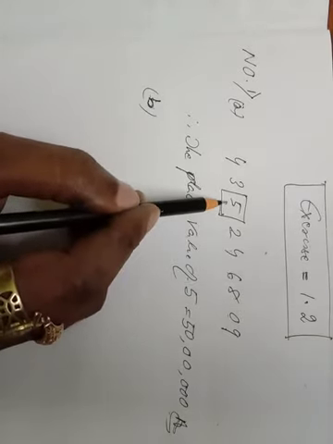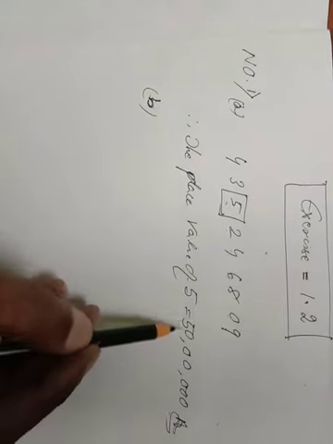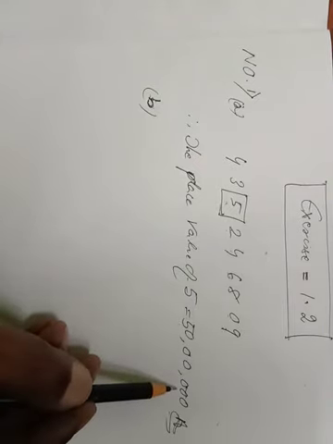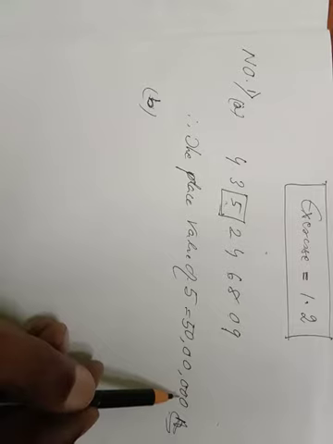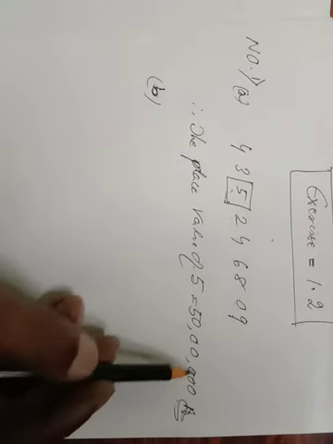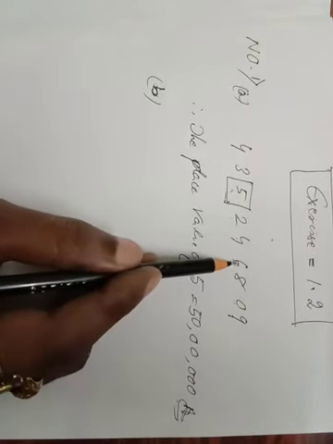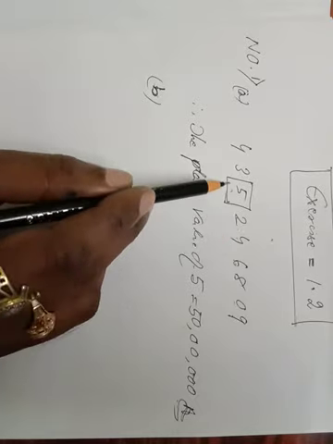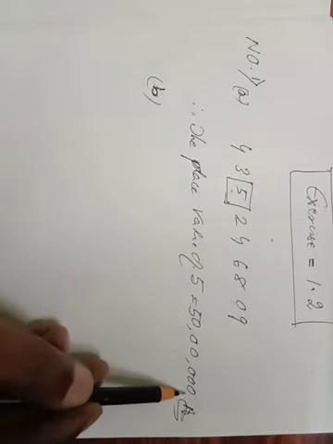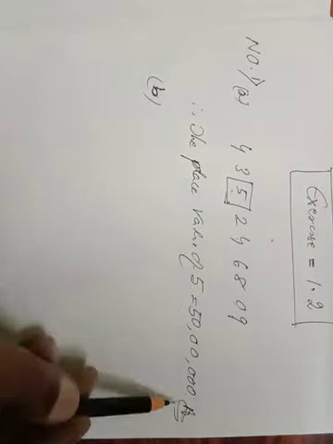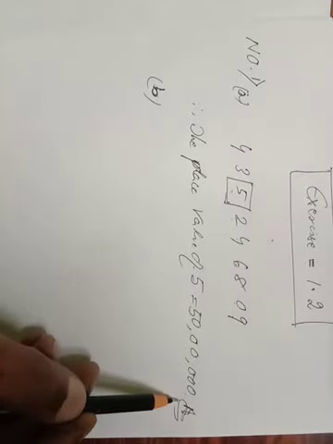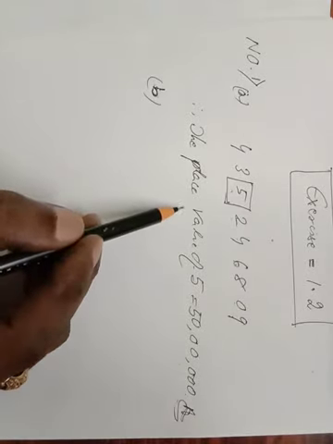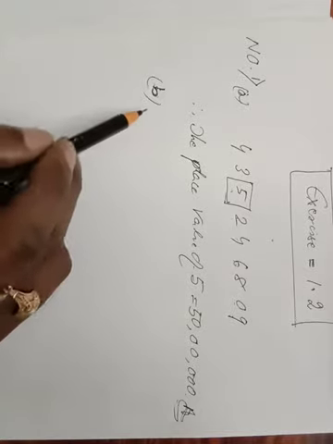Means 50 lakh we have to write. After 50 you have to write lakh. Means how many zeros are there after 50? 5 zeros are there. See 1, 2, 3, 4, 5, 6. After 5 how many zeros will I write? 6 zeros. The answer is 50 lakh. This is the place value of 5 in the first one. Is it clear? Next we will go to the second number.